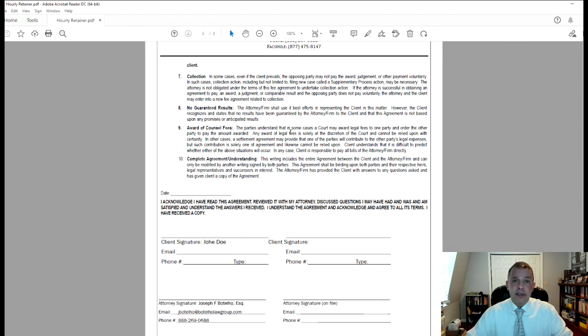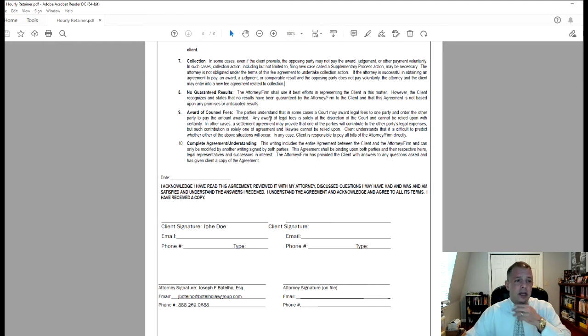We will zealously represent you. We will do our best to get you the resolution for your case that you want, but in no way, shape, or form are we stating that there are any guarantees whatsoever. This section of your contract, retainer agreement, fee agreement, covers that.